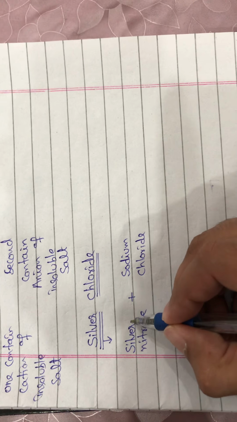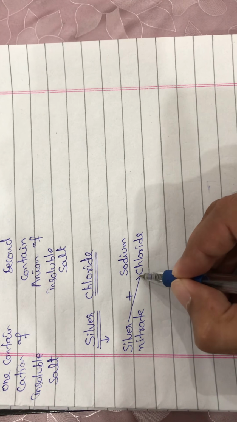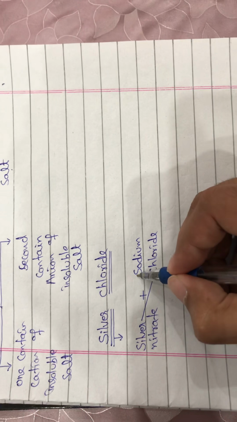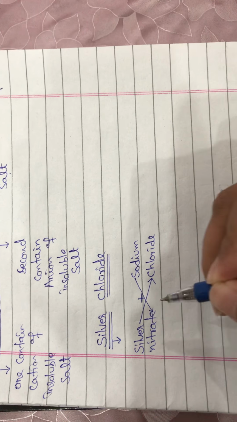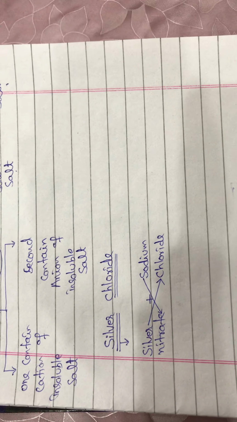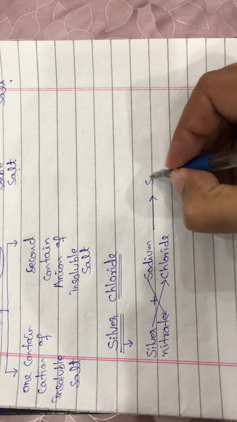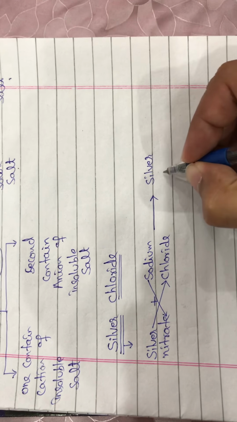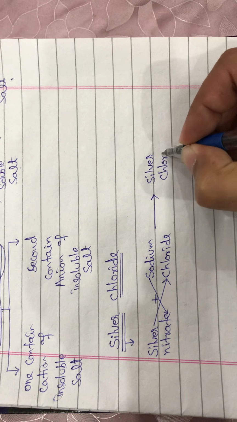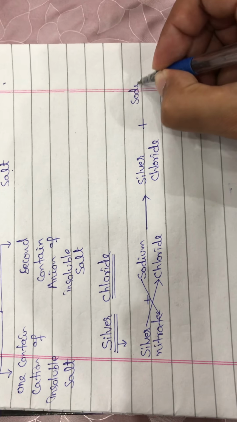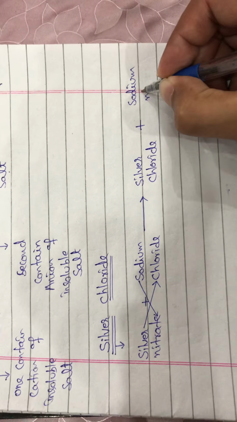Now we will cross multiply, meaning the silver cation will react with the chloride anion and the sodium cation will react with the nitrate ion to produce two salts. One will be silver chloride and the second one will be sodium nitrate.